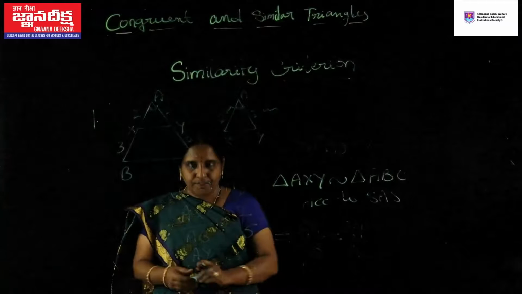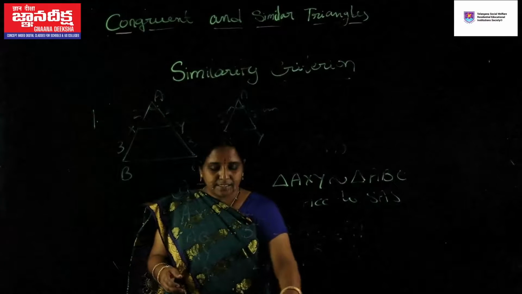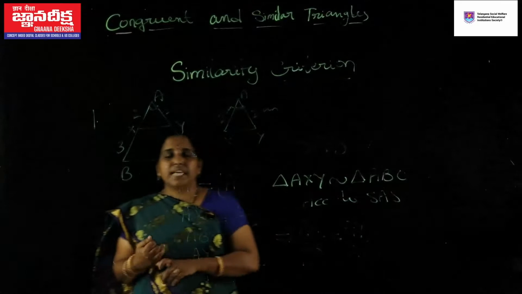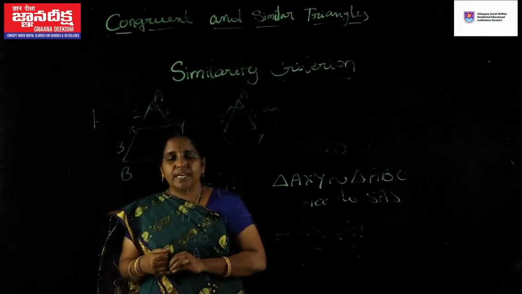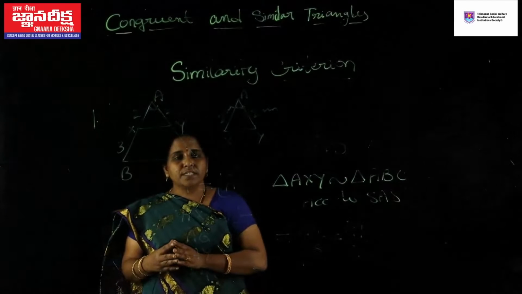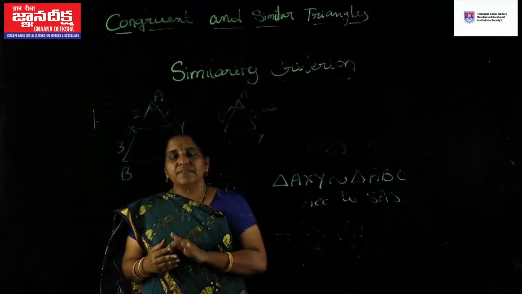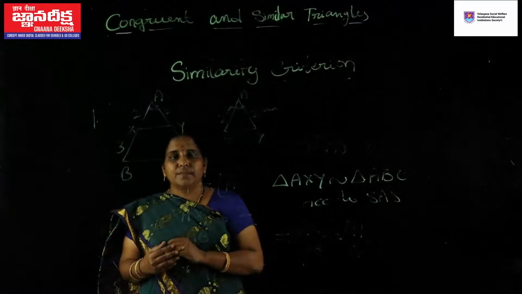I hope you understood this problem and what all we discussed in this session. So we started with the congruency of objects. In day-to-day life, when do we say two objects are congruent? Two objects are said to be congruent when they have the same shape as well as the same size. And also two line segments we discussed.